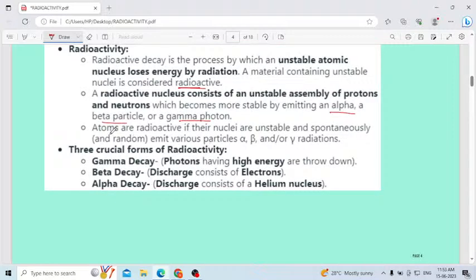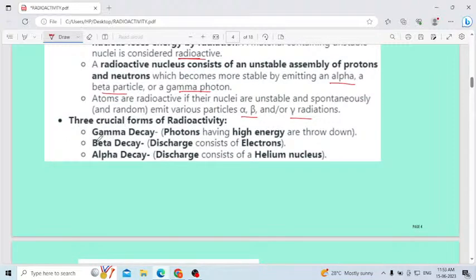Atoms are radioactive if their nuclei are unstable and spontaneously or randomly emit various particles like alpha, beta, gamma radiation. That radioactive nucleus, the atom, will undergo radioactivity. That nucleus we will call it a radioactive nucleus. Then here 3 crucial forms of radioactivity are there.